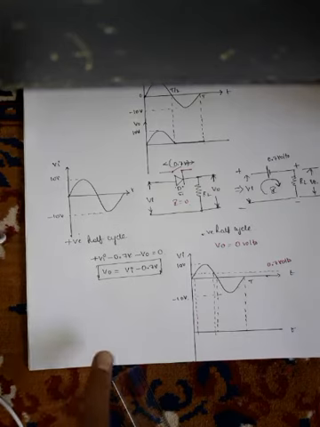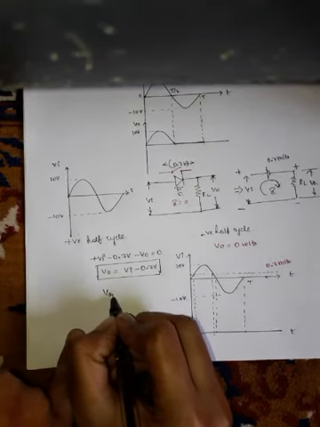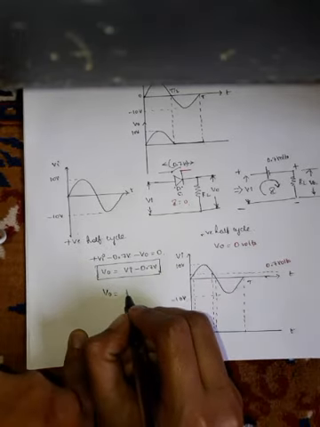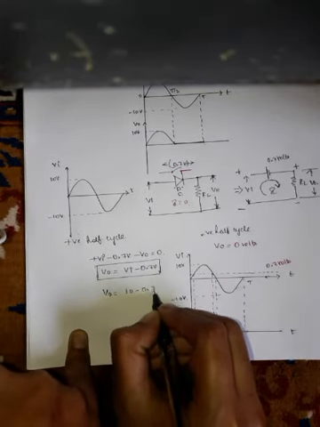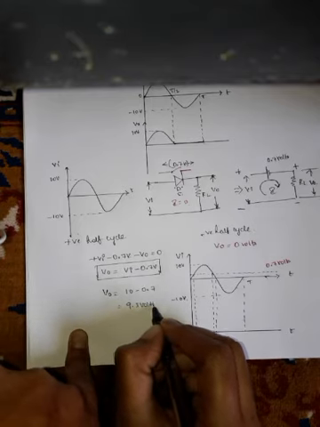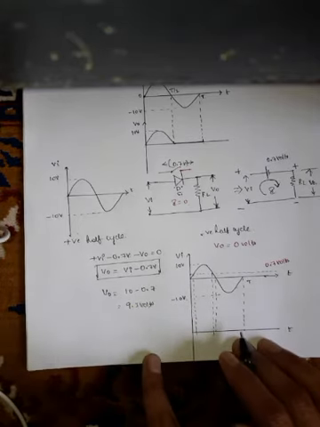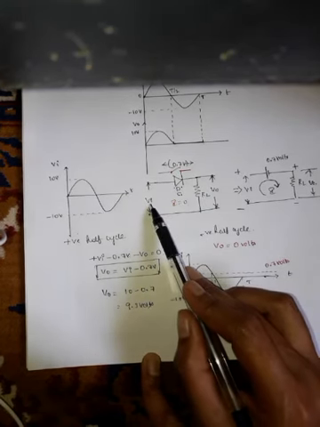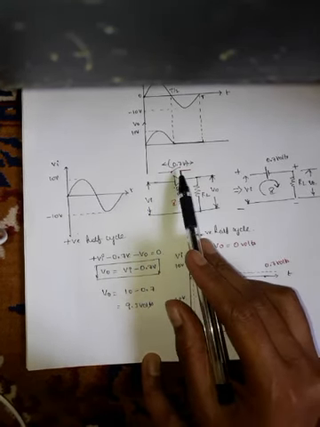The output voltage V0 is equal to the maximum amplitude we are having for the input, 10 volts minus 0.7, which equals 9.3 volts. As you can see, the diode will be in the reverse bias condition until the input voltage increases to 0.7 volts.